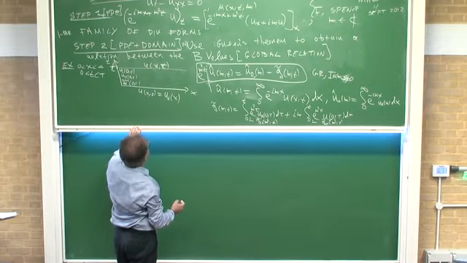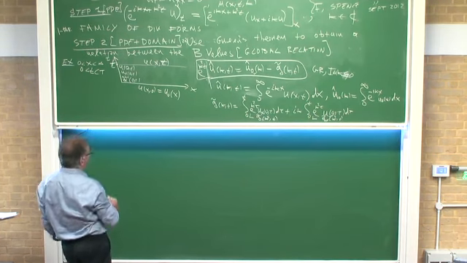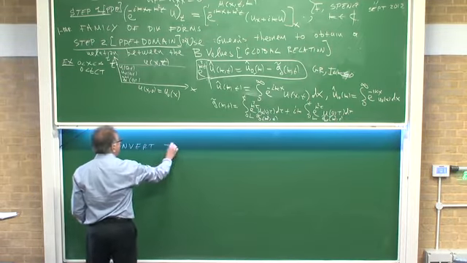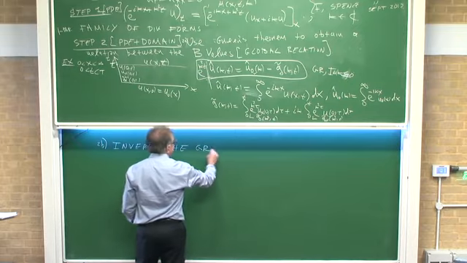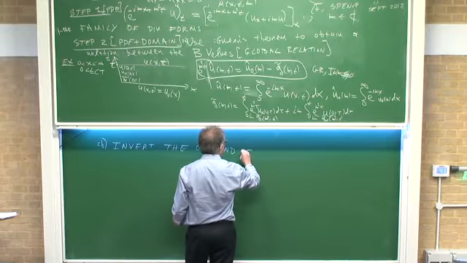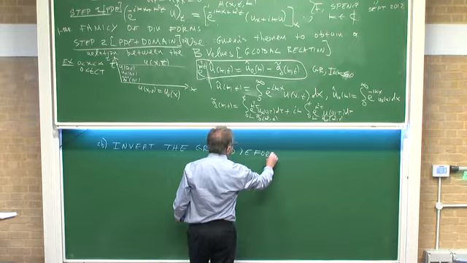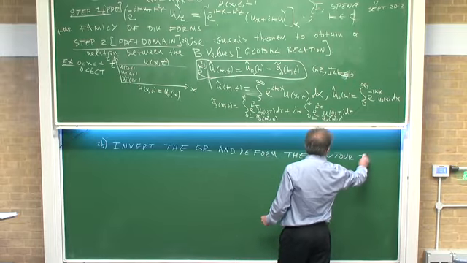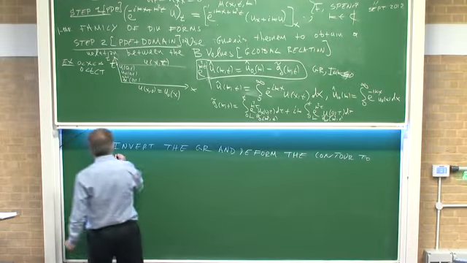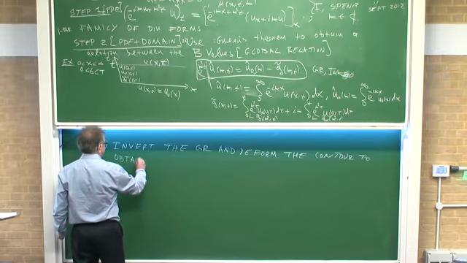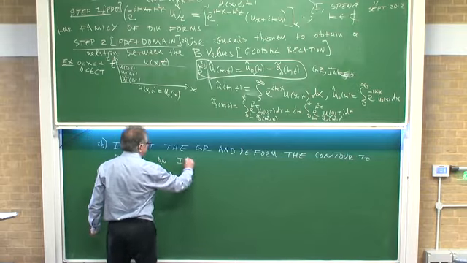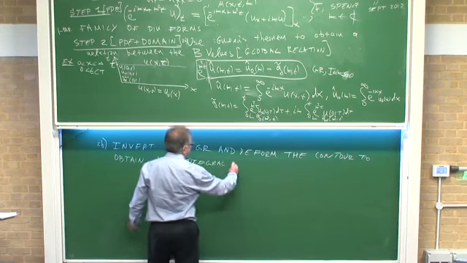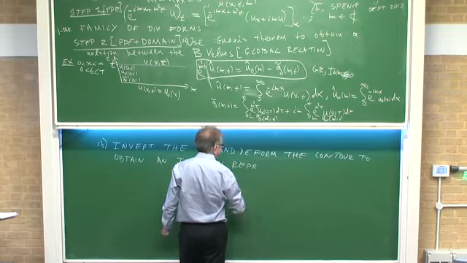So the second statement is, where are we? 2a, 2b: invert the global relation and deform the contour to obtain an integral representation in the complex plane.